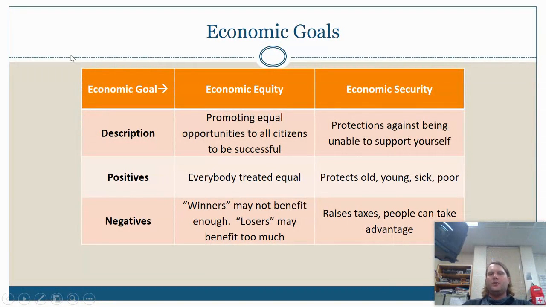Economic security has to do with taking care of people that can't take care of themselves. So obviously it says that right there. Think like Social Security. If you're familiar with Social Security, that is basically a person's income that once they reach a certain age, they're entitled to collect. Okay, so economic security is valued because it creates an income for people that obviously can't earn an income for themselves.